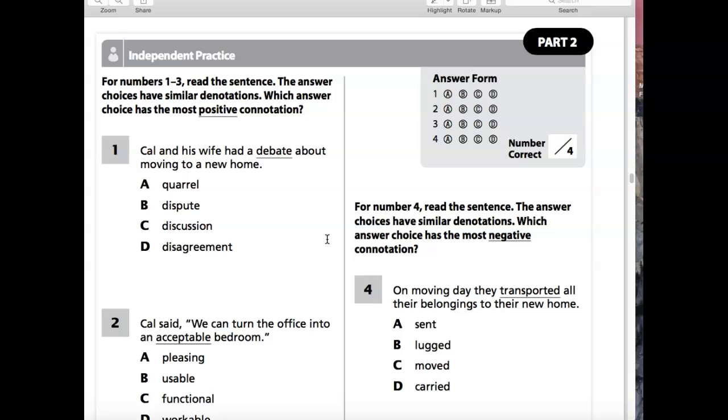Number 1 says, Cal and his wife had a debate about moving to a new home. A debate can be a quarrel, a dispute, a discussion, a disagreement. Which one of those would be the positive connotation?